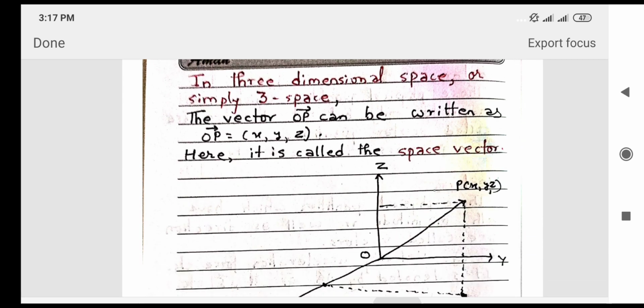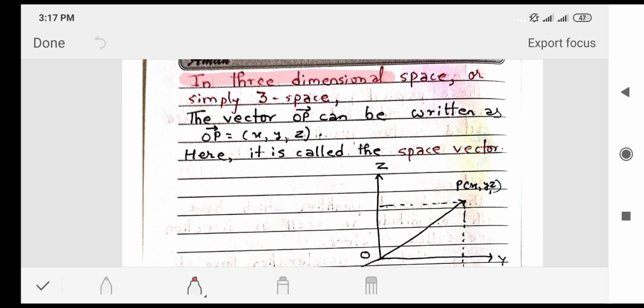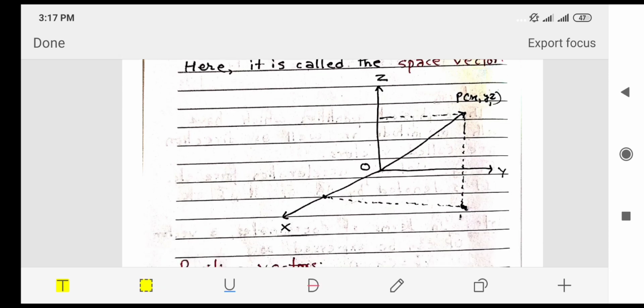There you can see the note: in three-dimensional space, or simply 3-space, the vector OP vector can be written as OP vector is equal to (x, y, z), and here it is called the space vector. You can see this in the figure as well.